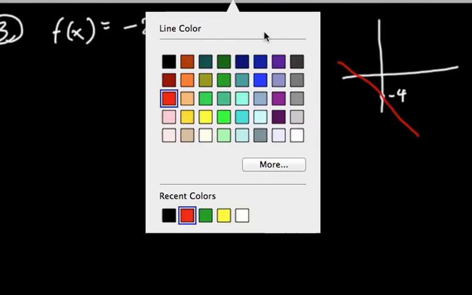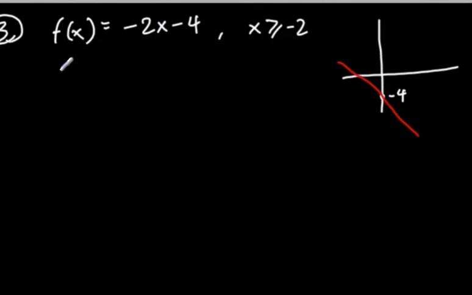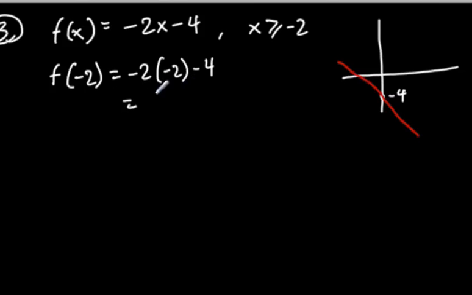When x is negative 2, it means negative 2 times negative 2, so it's equal to 4 minus 4, which is 0. So in other words, it basically starts here and just continues towards the right. Anything towards the left does not count, because that's the domain we've been given. So it starts at x equals negative 2 right there, and just goes towards the right as x increases.